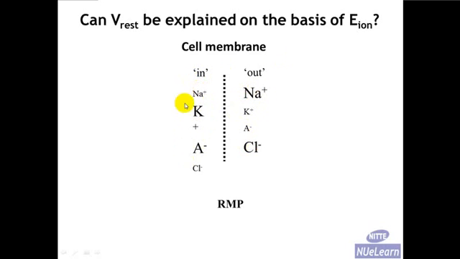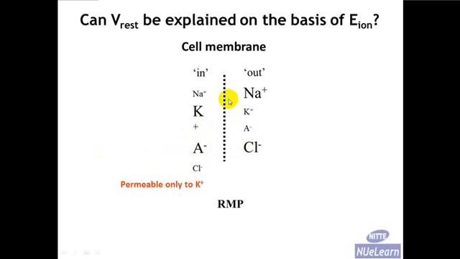For the time being, we'll focus on these two ions. We can ignore the other ions like chlorides and the other anions. Now, if this is a semi-permeable membrane, then how do we try to understand resting membrane potential?